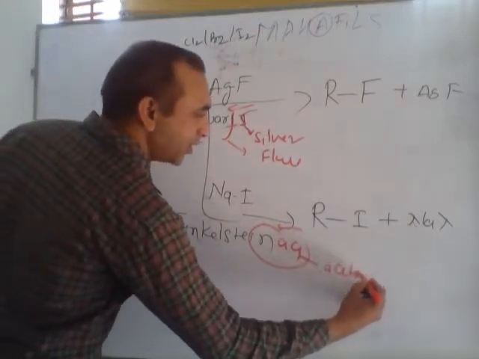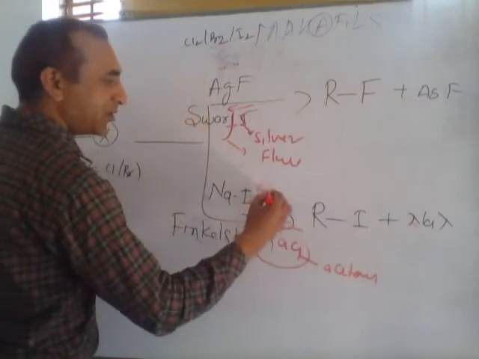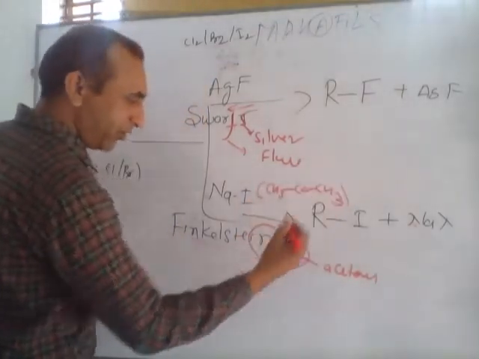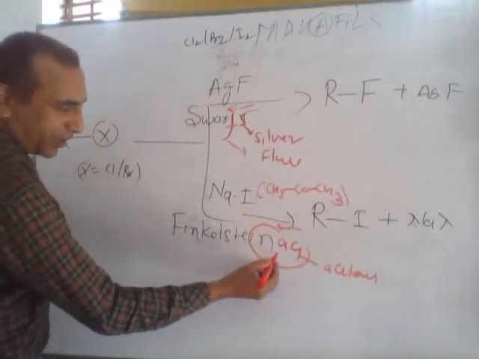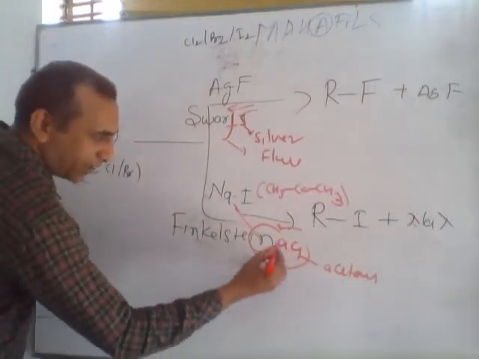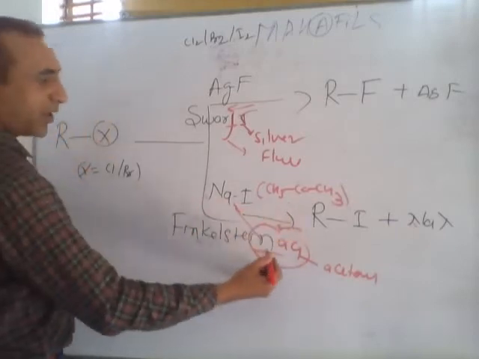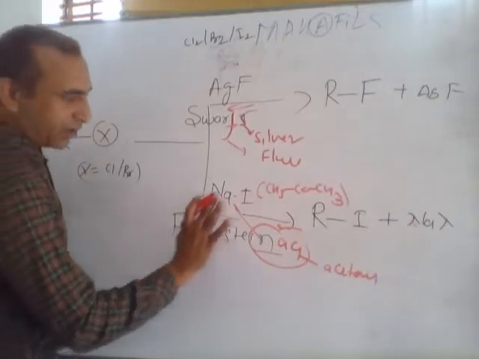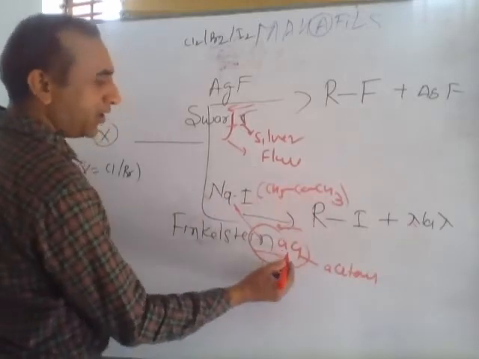In this reaction we use acetone, CH3COCH3, as a solvent, and the remaining reagent is NaI, which in reverse is INa. So in Finkelstein, at last we use acetone.